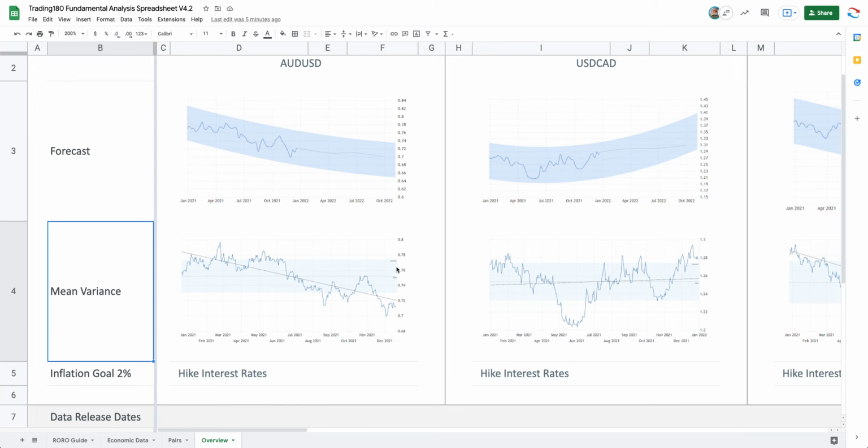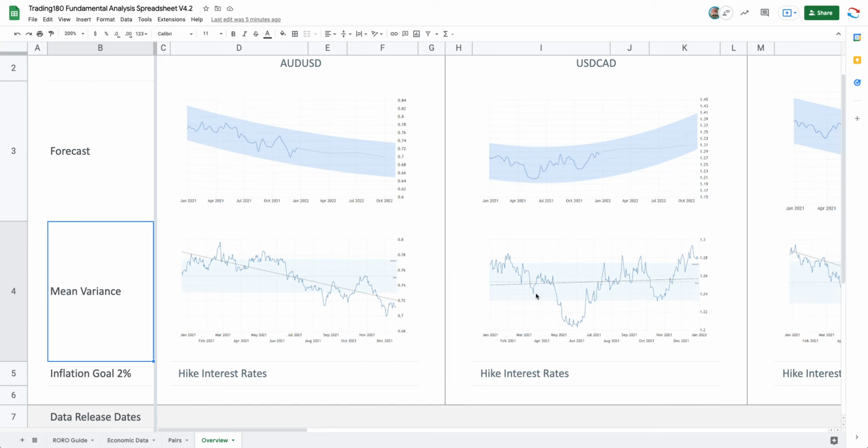The variance is looking at where the extremes are, and anything outside of those extremes would be considered an area where you may not want to look to trade, or look to take profit, for example.